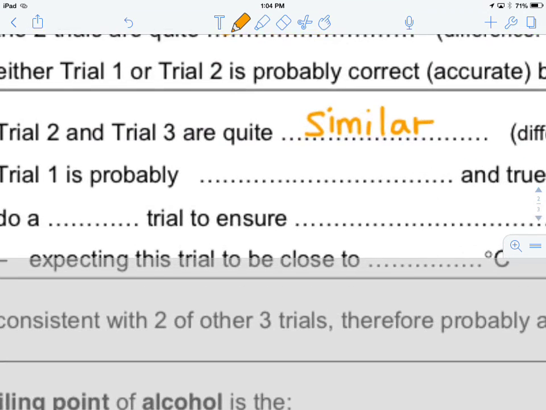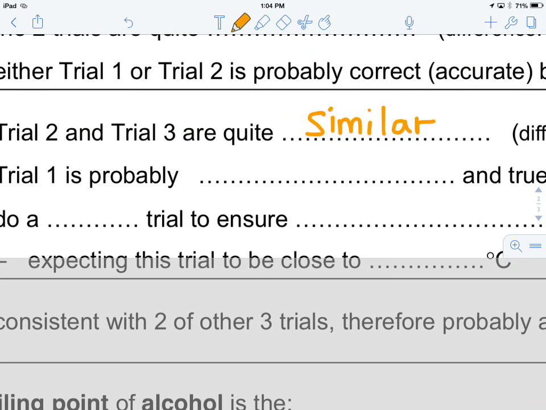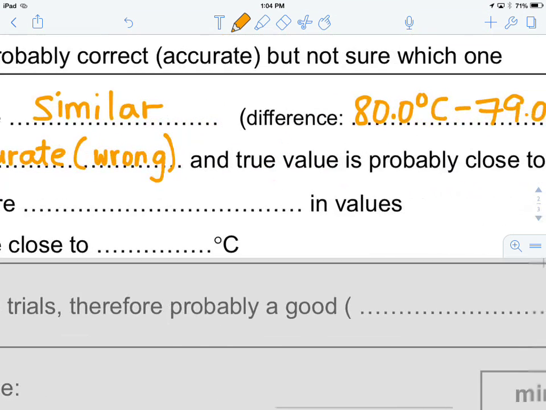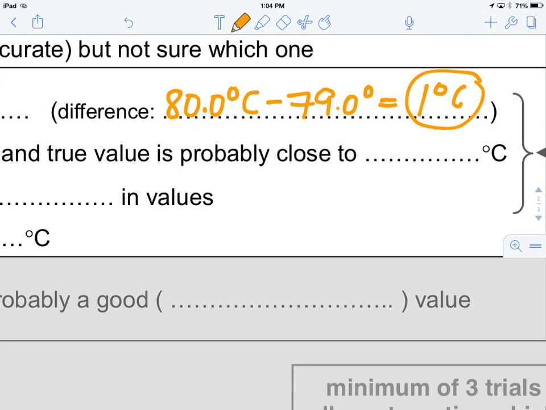So trial 1 is probably inaccurate, which we would say is then a wrong value. And the true value is probably close to 80 degrees Celsius.